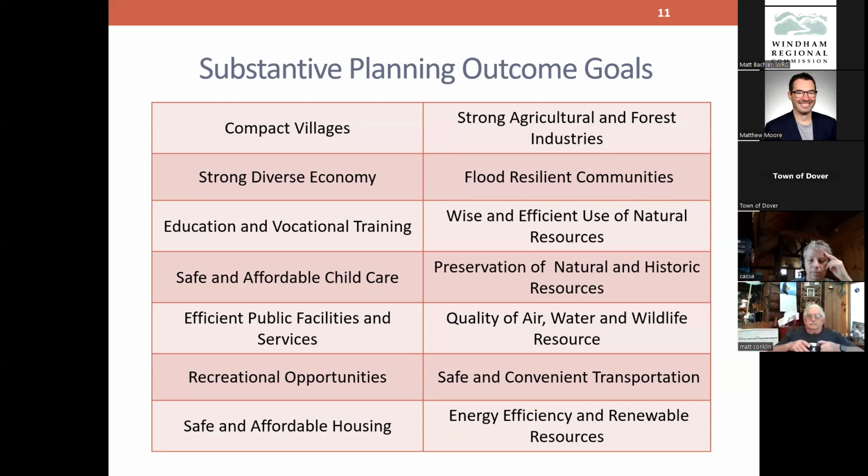work towards encouraging compact villages, supporting a strong, diverse economy, providing for education and vocational training, providing for safe and affordable childcare, providing efficient public facilities and services, recreational opportunities, safe and affordable housing, protecting strong agricultural and forest industries, planning for flood resilient communities, ensuring the wise and efficient use of natural resources, preserving natural and historic resources, protecting the quality of air, water, and wildlife resources, providing for safe and convenient transportation, and supporting energy efficiency and allowing for renewable resource opportunities.